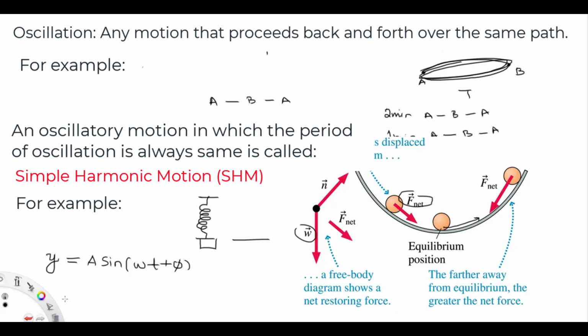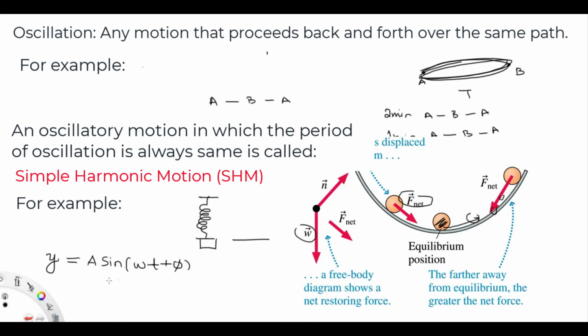Here y is the displacement of the object from its equilibrium. So y gives us the displacement at some time t. Let's say you want to find where this object is at 2 seconds, whether it's here or here or here. That's given by this equation.